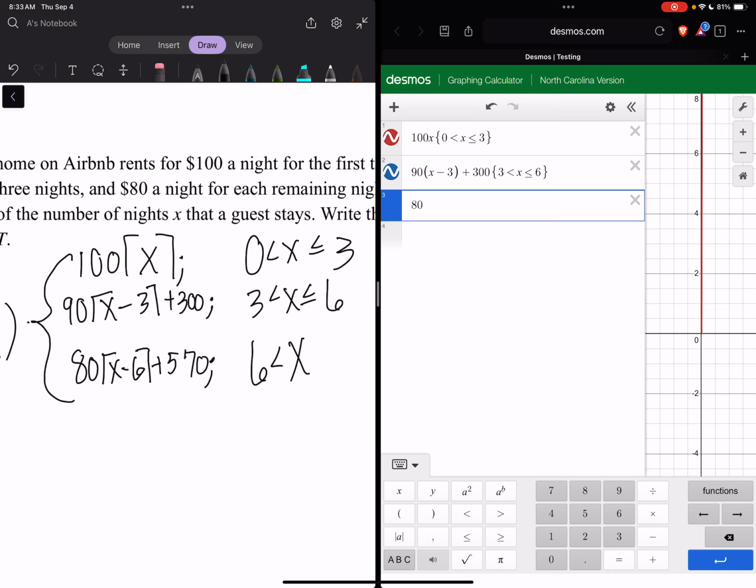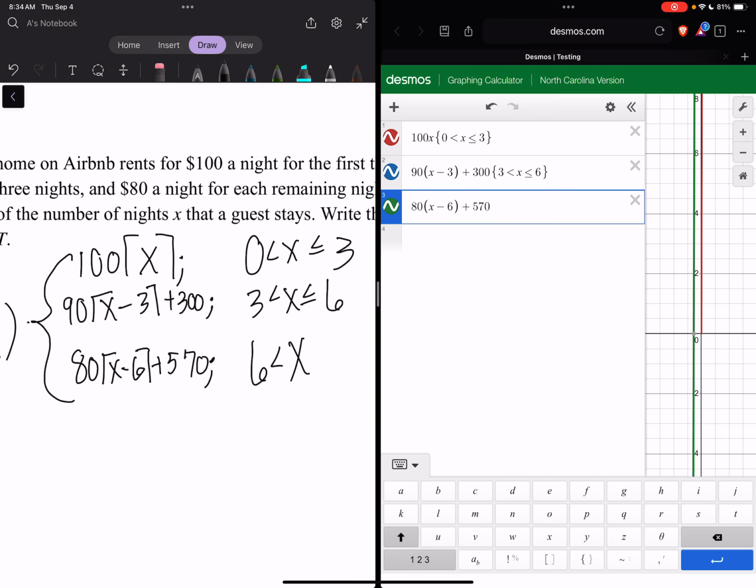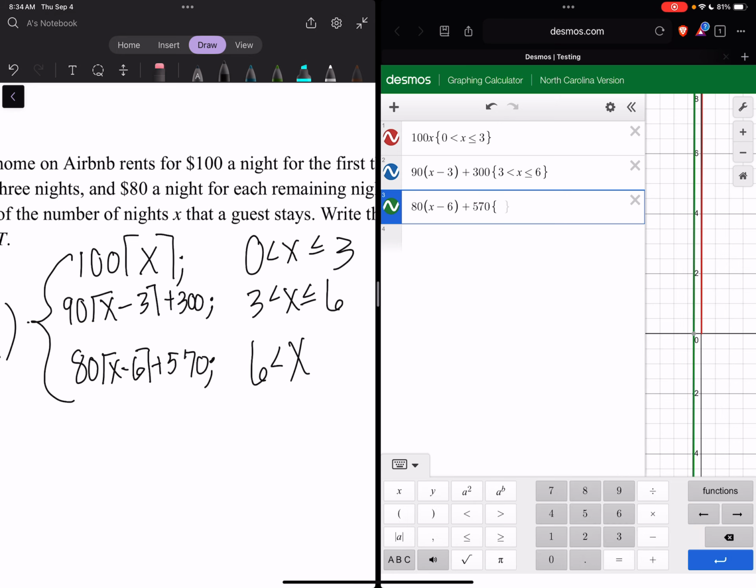And lastly, 80, x minus 6, plus 570, where 6 is less than x.